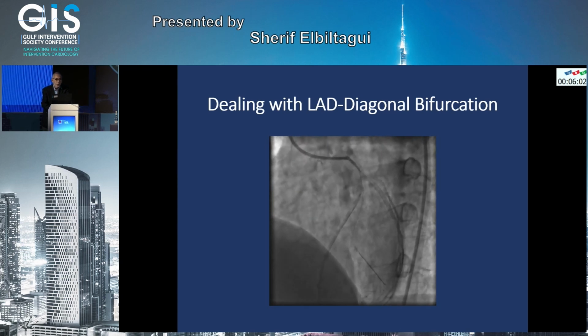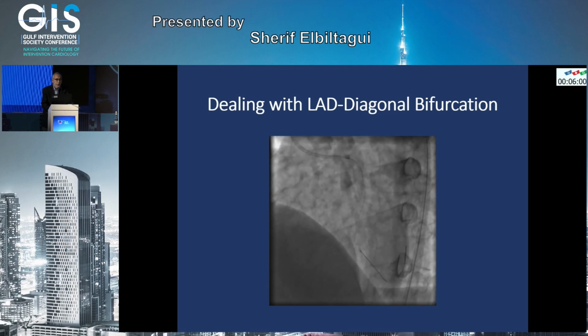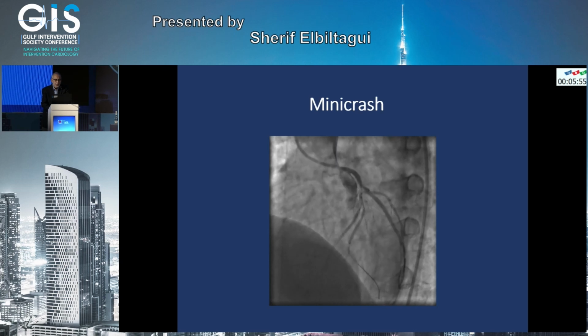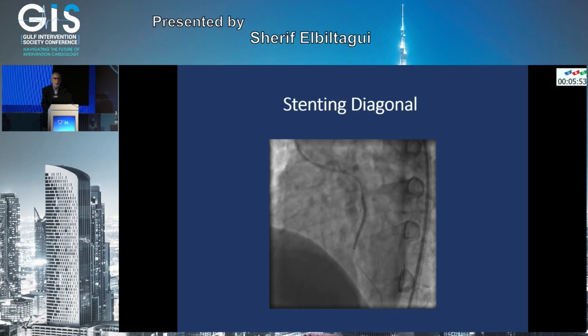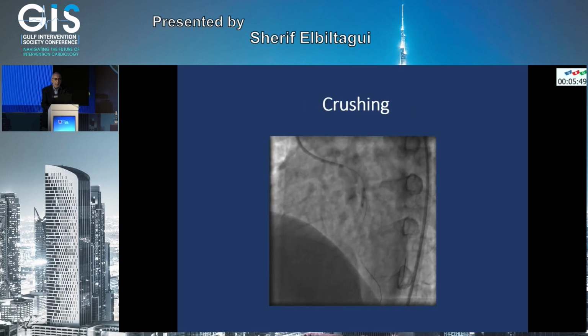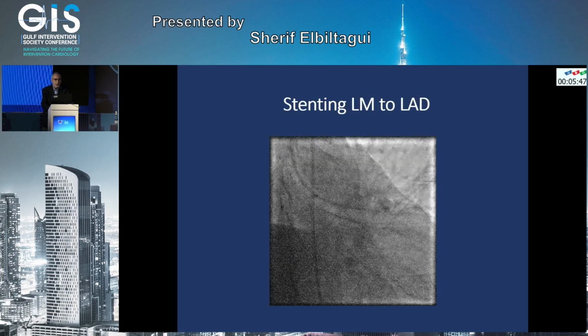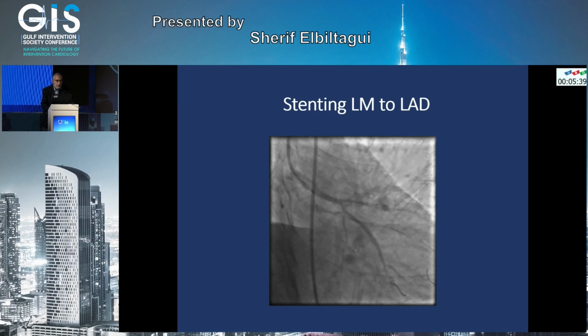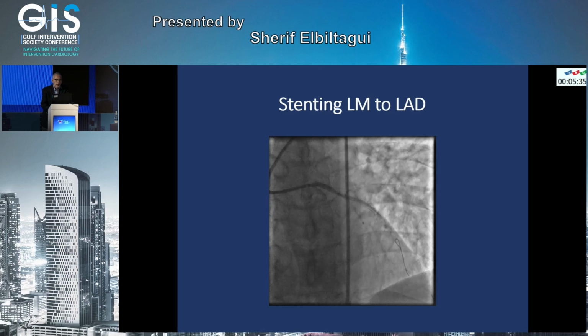So obviously, I had to stent the diagonal first. I used the mini crush, a long stent in the diagonal, then good crushing, and then I continued by stenting the proximal LAD, and of course I used the crossover from the left main to the proximal LAD covering the ostium.